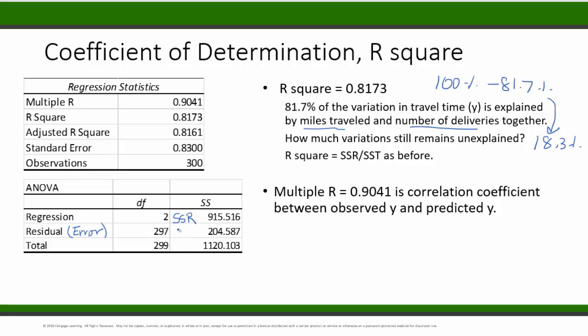Here is the SSE, sum of squares due to error, and the total sum of squares, SST, is here. So you see, if you divide 915.516 by 1120.103, you will see we get 0.8173 as the R square.